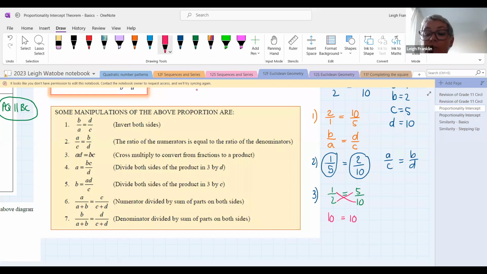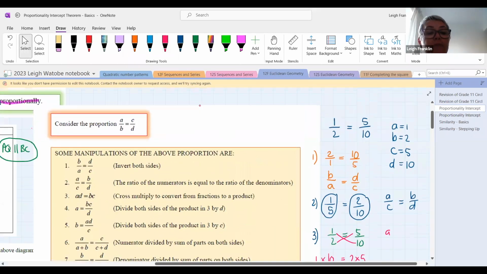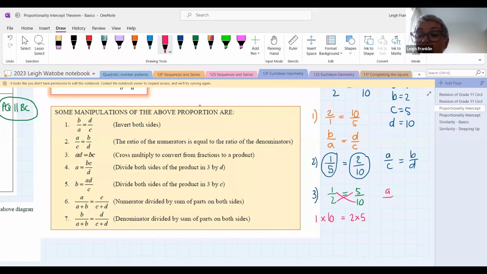Right, so I am allowed to write 1 times 10 is the same as 2 times 5, which also gives me 10. So cross multiplying is also allowed. So in the case of A over B equals C over D, you are allowed to cross multiply as well. So in other words, A times D is the same as B times C.